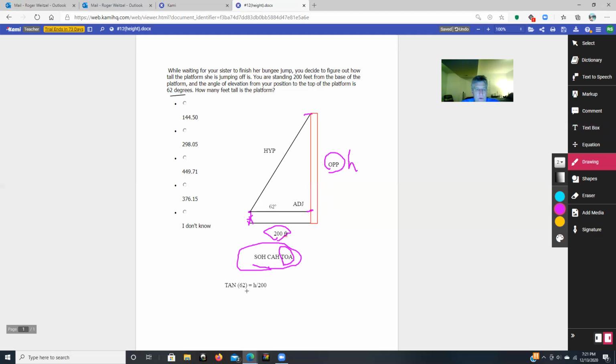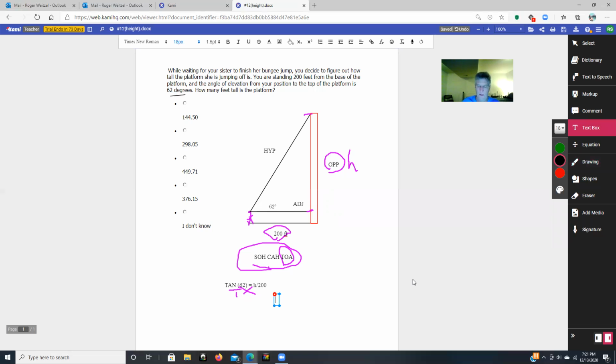We have h over 200 on this side. That's the same as tangent over 1. So then I'm going to cross multiply. What that'll give me is h times 1 is h, and then we'll have tangent of 62 degrees times the 200 feet.